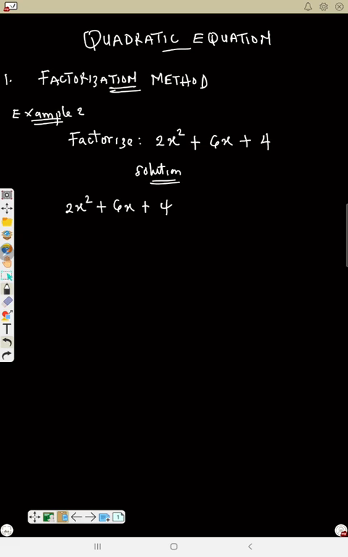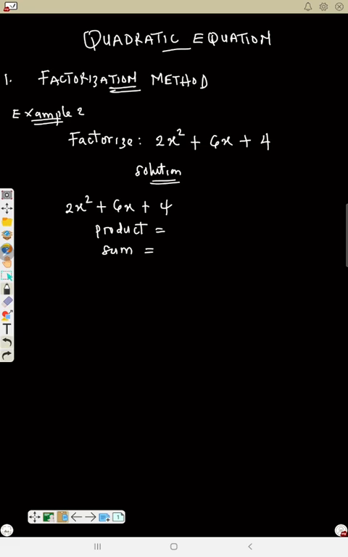Now we need to find the product and the sum. If you have solved this and you understand it better, you can always ignore these parts, product and sum.